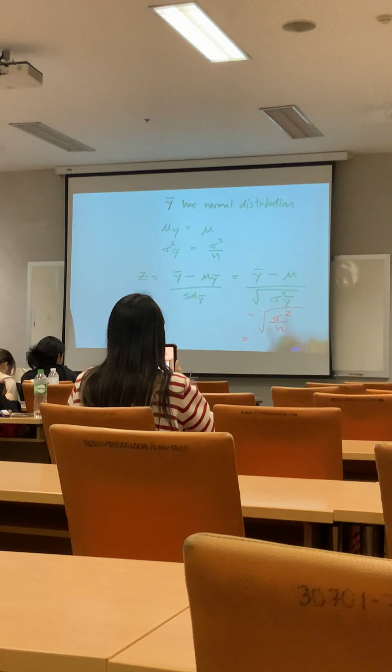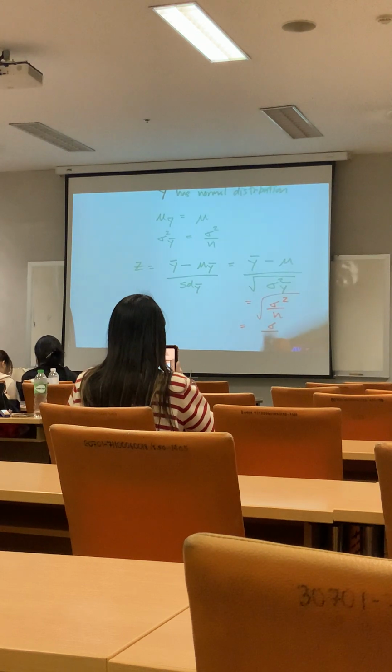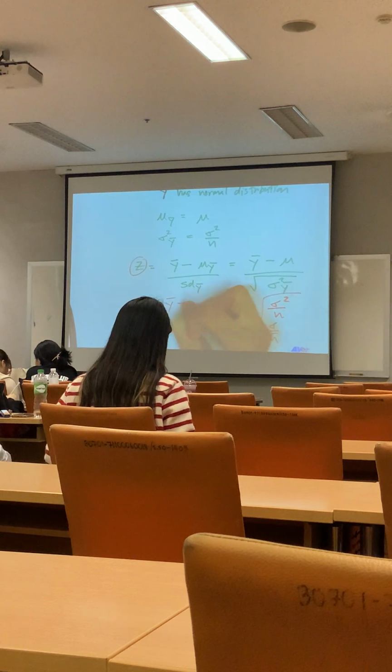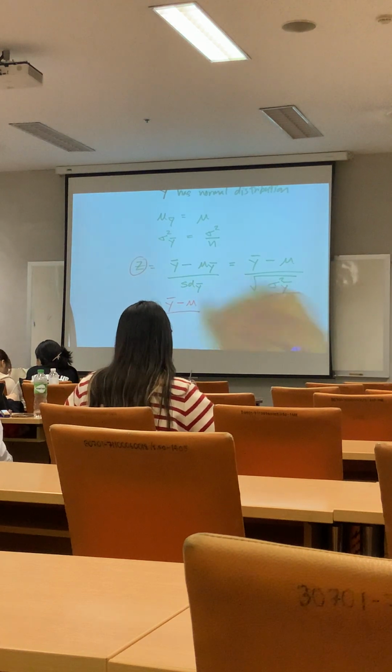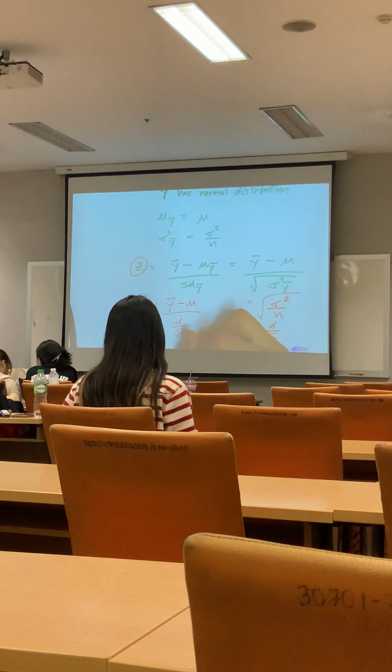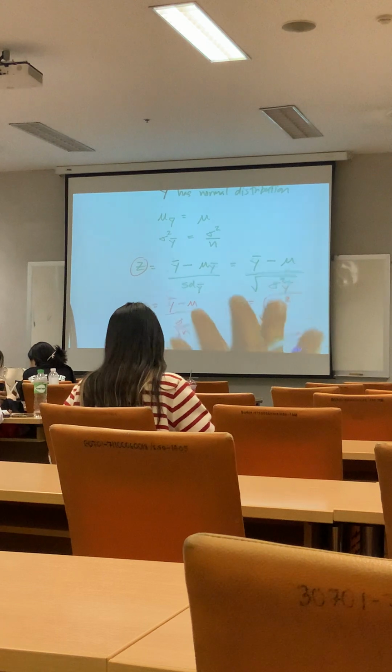So the square root interacts with sigma squared, you have sigma, and n interacts with the square root, which is the square root of n. Okay, so that's why the Z distribution can equal y bar minus mu divided by sigma divided by the square root of n.